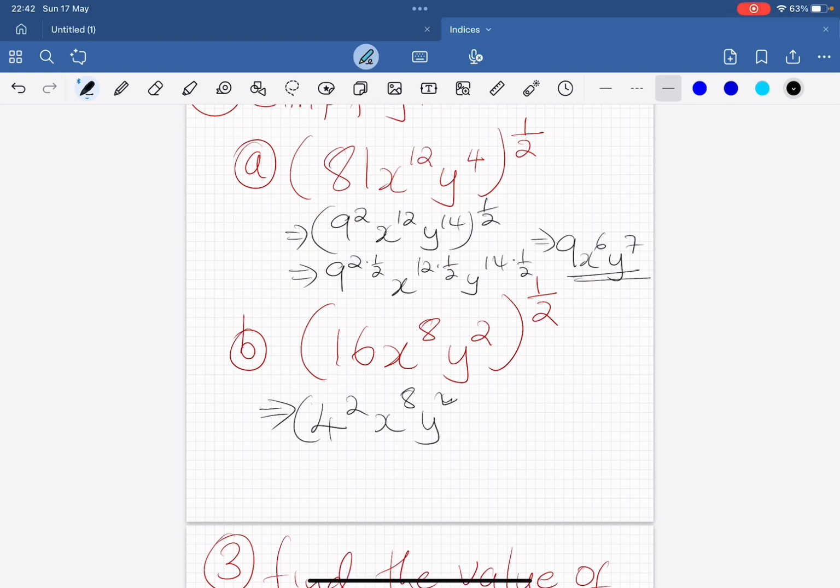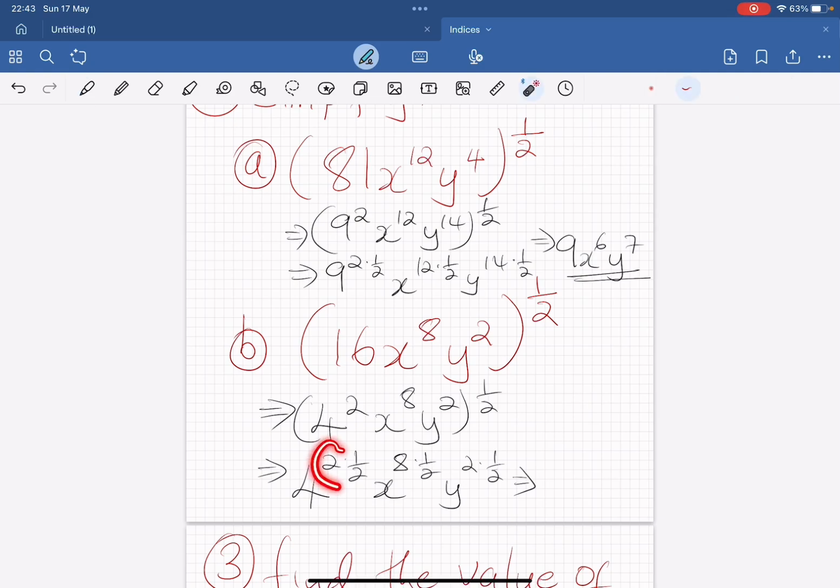Therefore, the next thing I'm going to do is to distribute my half. So it's going to be 4, 2 by half, 8 by half, 2 by half. Basically, all I'm doing is distributing the power half, which is on the outside.